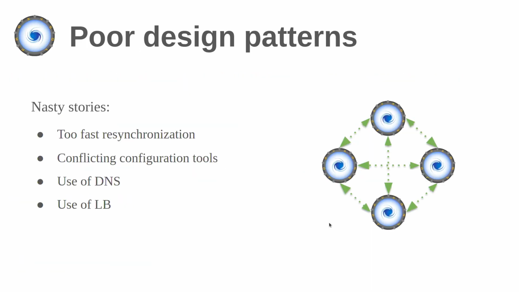Now, some weird horror stories. So the fast synchronization, this was something that I already mentioned. If you configure the synchronization to be too fast, you end up in a situation in which you are basically pulling a configuration that is not completed yet. Another one is combining ProxySQL cluster with another configuration management tool, where they might make changes at the same time and often conflicting.